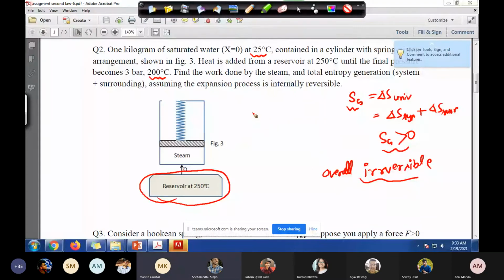Irreversibly, because the system temperature is always different from the reservoir temperature. The steam temperature is going from 25 degrees to 200 degrees, so every moment the system temperature is different from the reservoir temperature. So heat transfer is irreversible.